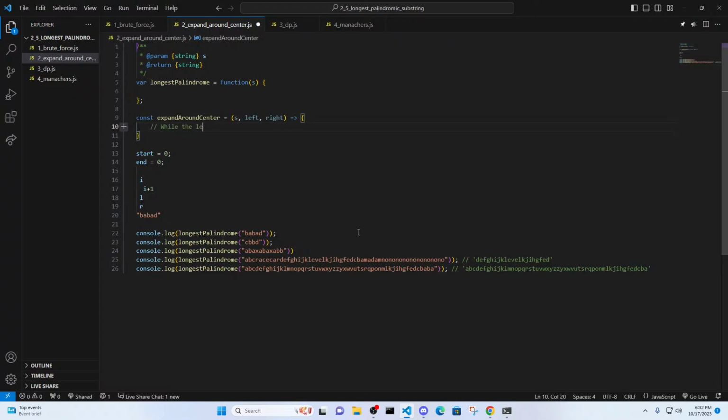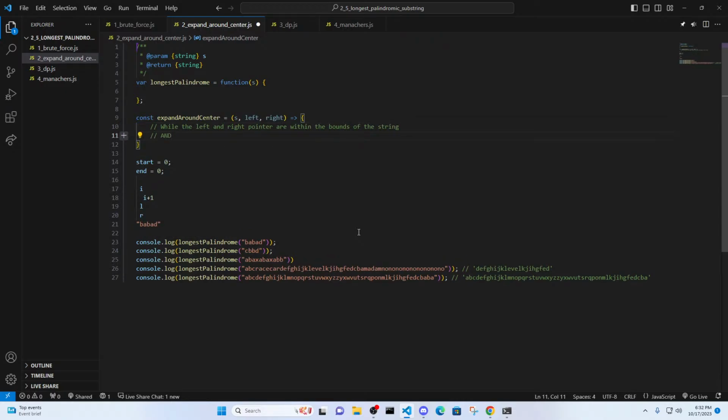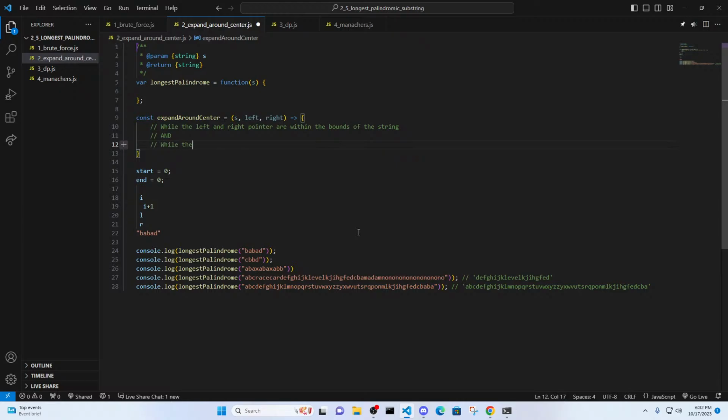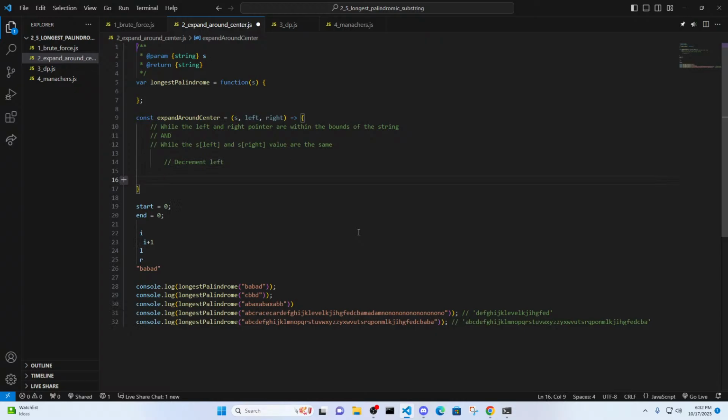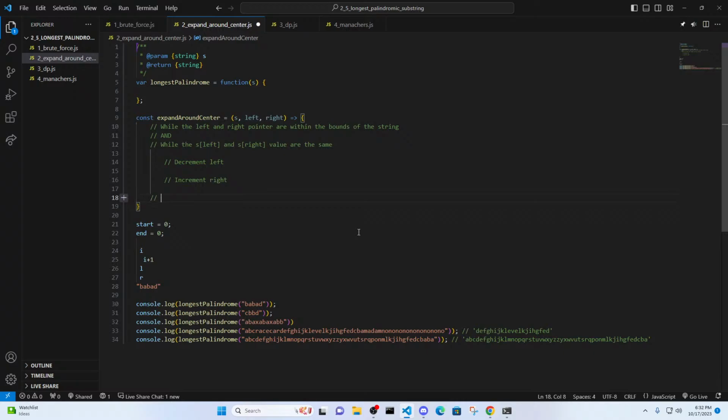So while the left and right pointer are within the bounds of the string, and while the s left and s right values are the same, then we'll decrement left, increment right, and then we'll just return the length of the palindrome.